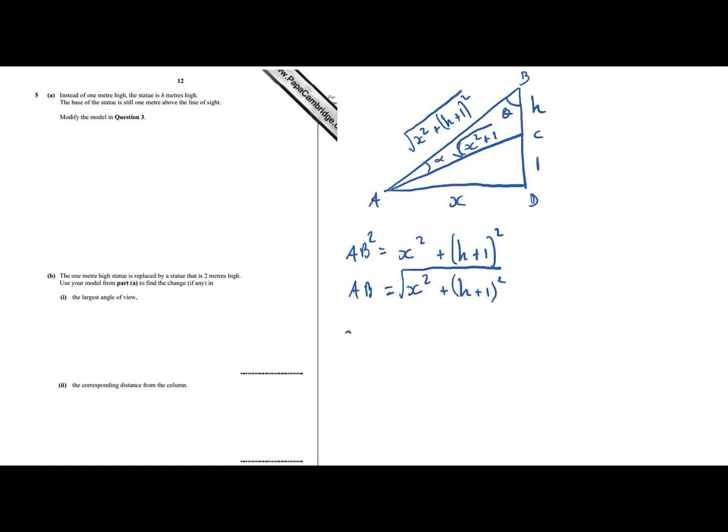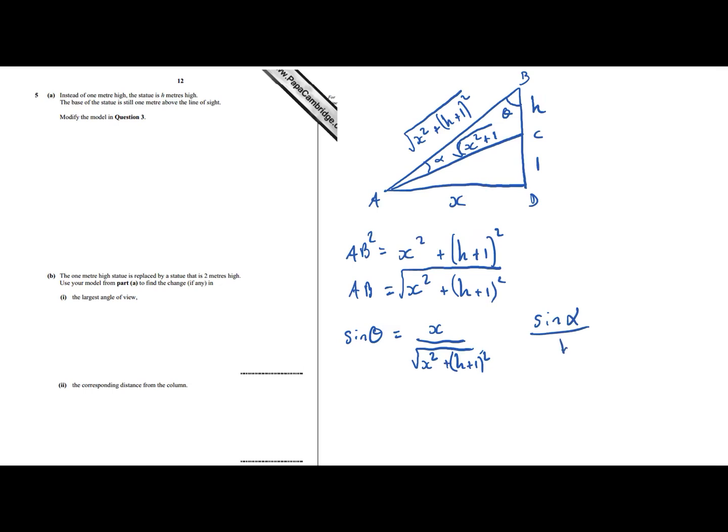Okay, so what changes exactly? Well, that means ABC will change, theta will change. That will become sine theta is equal to x over the square root of x squared plus h plus 1 squared.